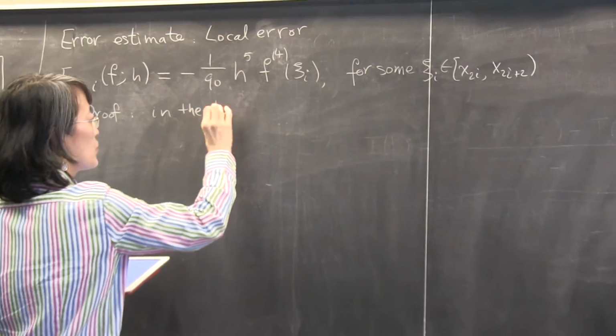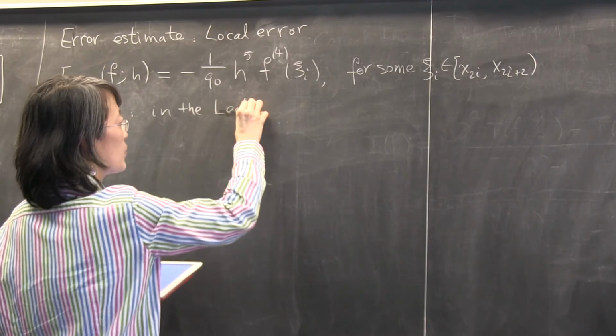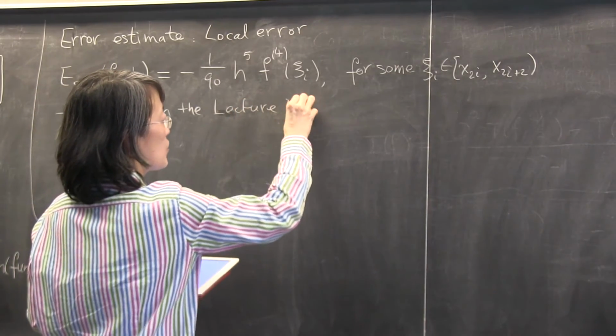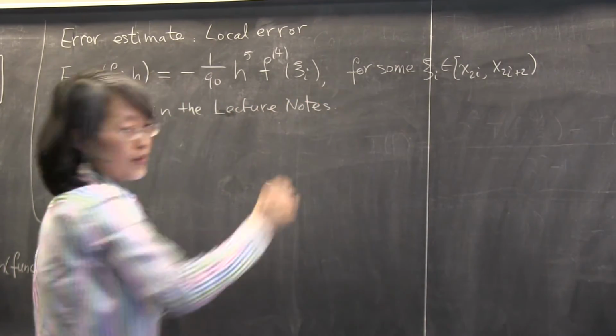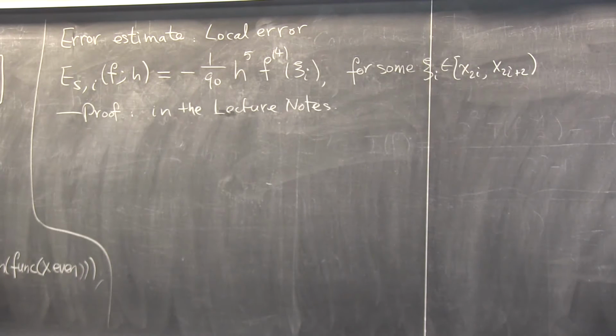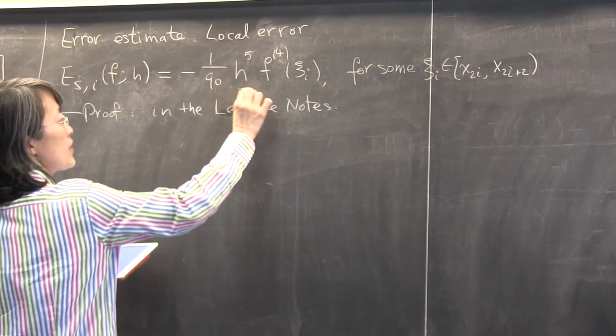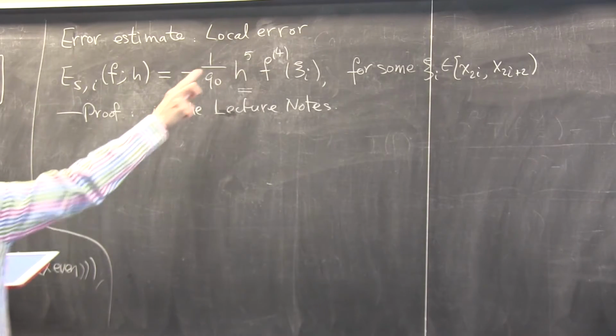I encourage you to read it or maybe work it out on your own to see if you can get this. It would take 15 minutes if we go through it. In the end, that's what we have. Remember, this is h to the 5th. That's actually a very high power.